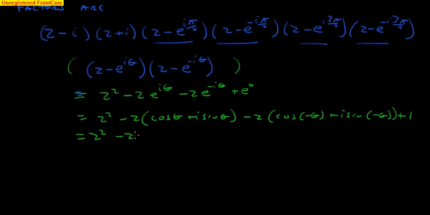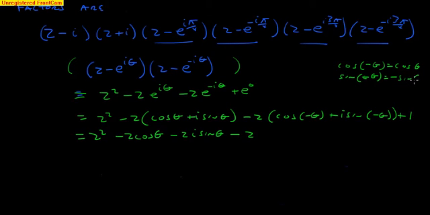So minus z cos theta minus z i sin theta minus z, I'm just multiplying out the first bracket and the second one. Now cos of minus theta is the same as the cos of theta, and the sine of minus theta is minus the sine of theta.